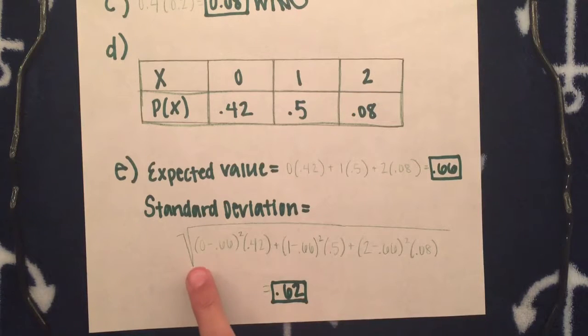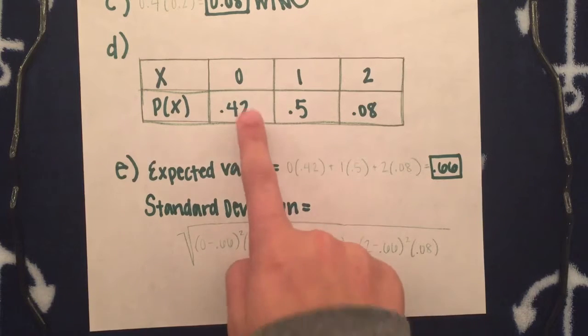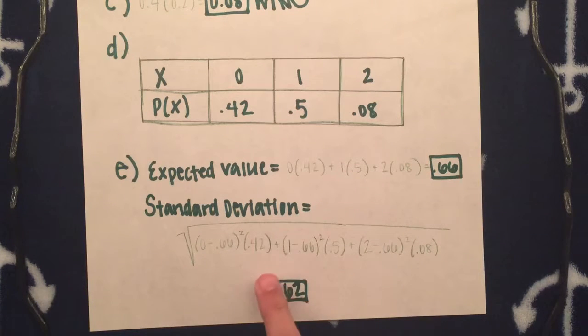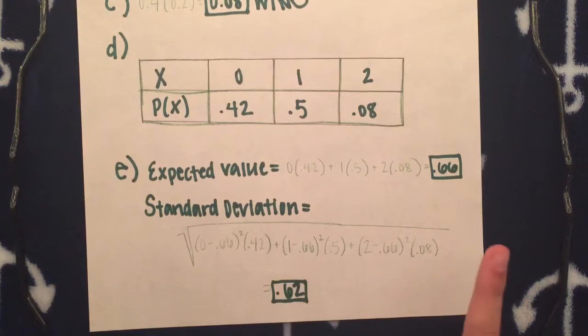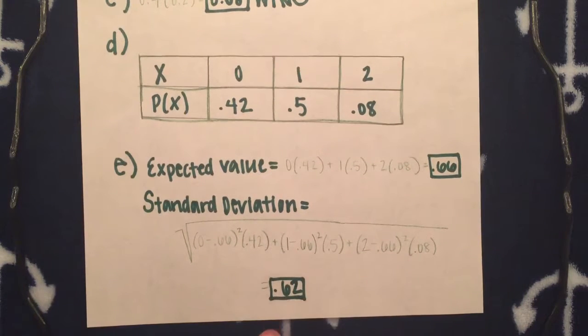So we have 0 minus 0.66 squared times 0.42, and then you add that to 1 minus 0.66 squared times 0.5, plus 2 minus 0.66 squared times 0.08. And that's all under the square root. When I calculated that, I got the standard deviation equals 0.62.